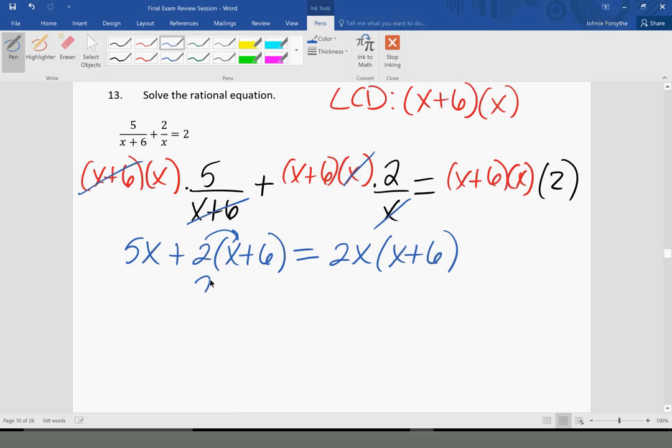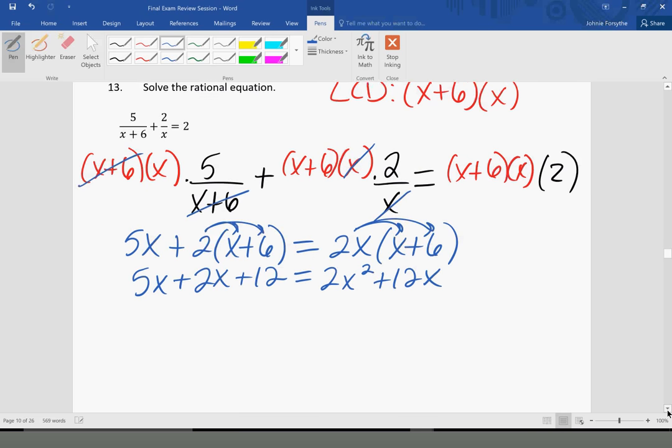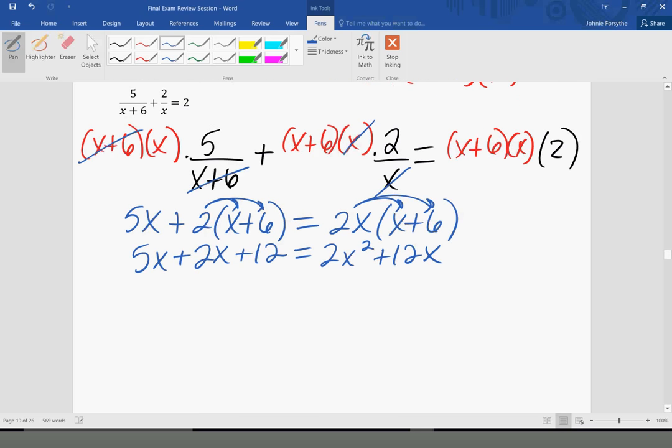So 2 times x is 2x. 2 times 6 is 12. I'm going to bring down that 5x equals 2x times x is 2x squared. 2x times 6 is 12x. Okay, let's combine like terms. So 5x plus 2x is 7x plus 12 equals 2x squared plus 12x.